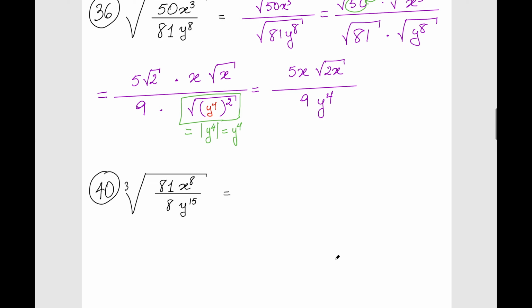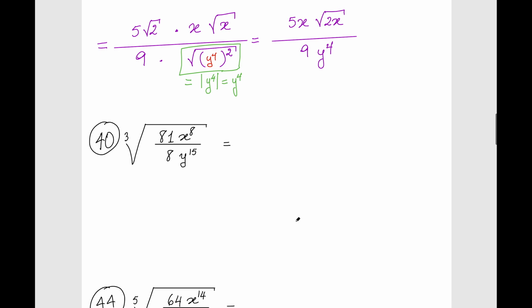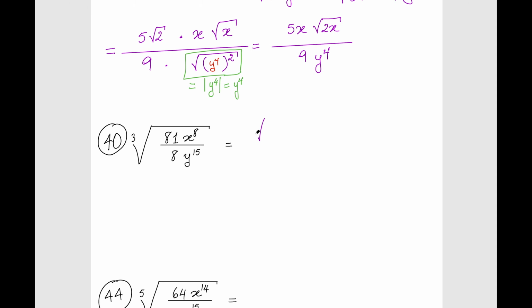Number 40. The cube root of 81x to the 8 divided by 8y to power 15. Let's use the quotient rule for radicals. I get the third root of 81x to power 8 upstairs divided by the cube root of 8y to power 15 downstairs.